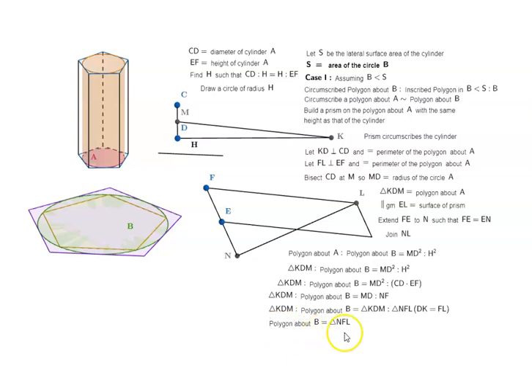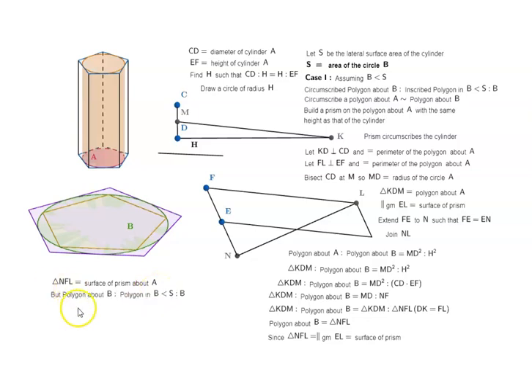So polygon about B is equal to triangle NFL. Since triangle NFL is equal to parallelogram EL, which is equal to surface of prism, that means triangle NFL is equal to surface of prism about A.